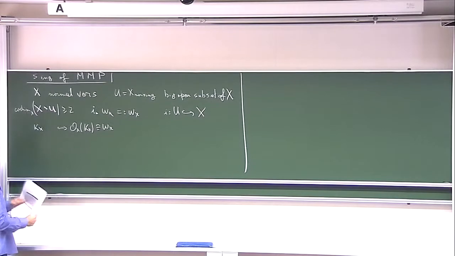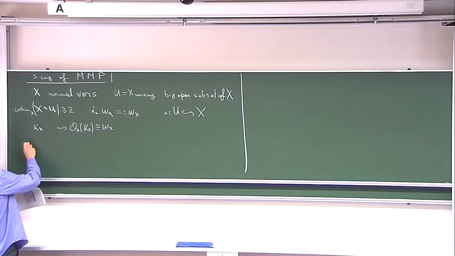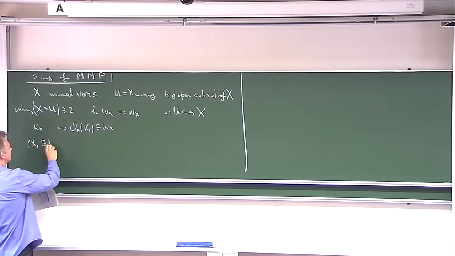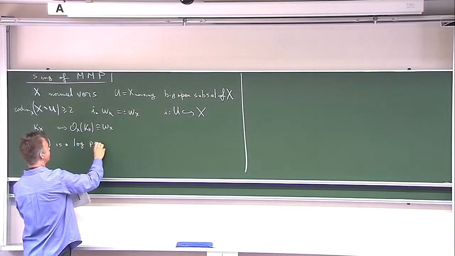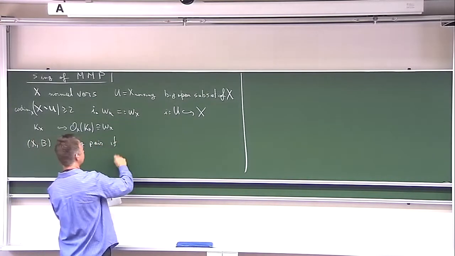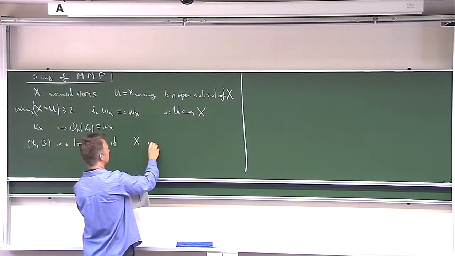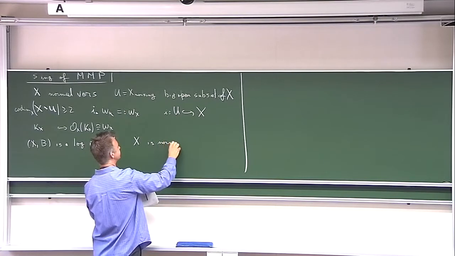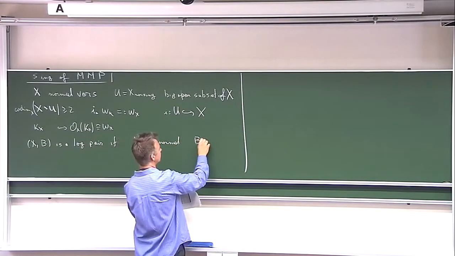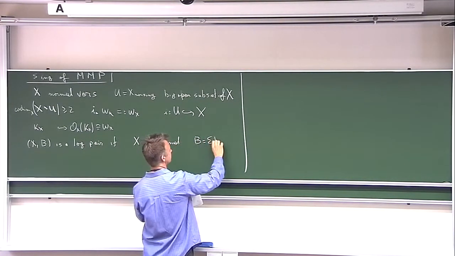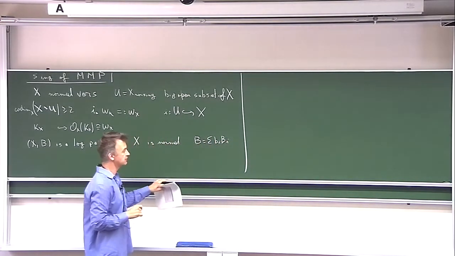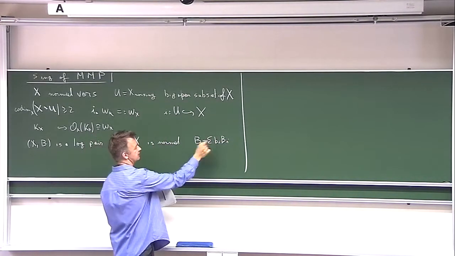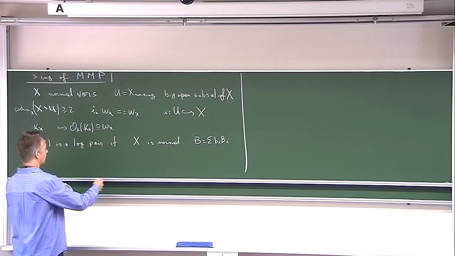Now, what is a log pair? A pair (X, B) is a log pair if, first of all, X is a normal variety, and B is an R-divisor. By b_i, I'm denoting the prime components of this divisor, and these little b_i's are the corresponding coefficients.